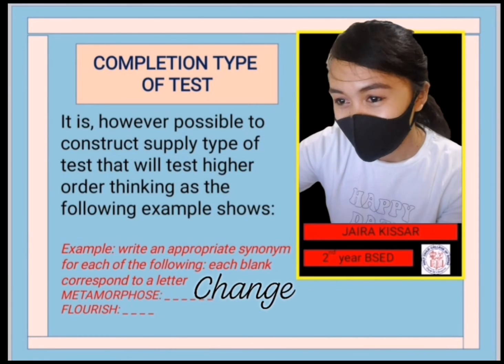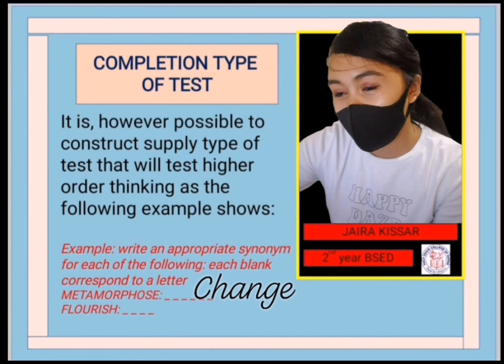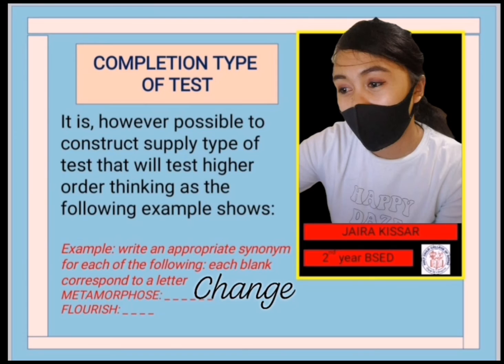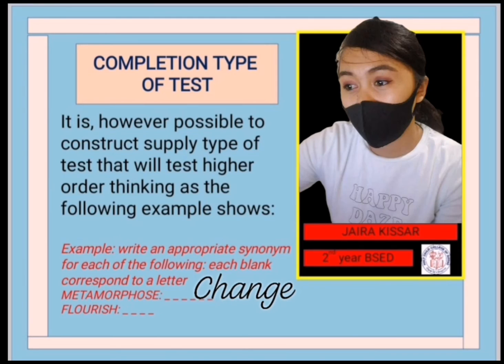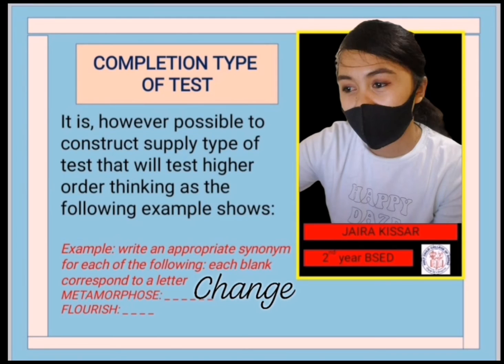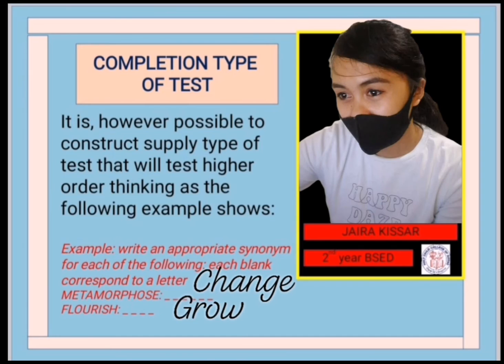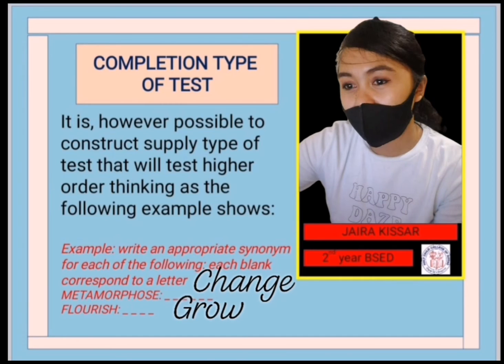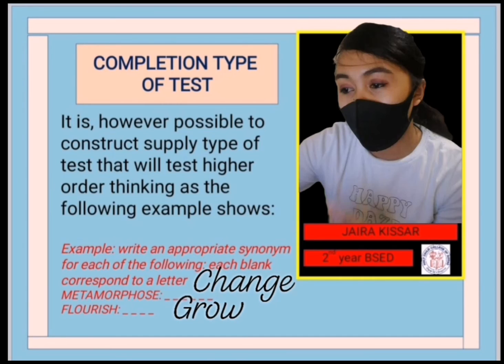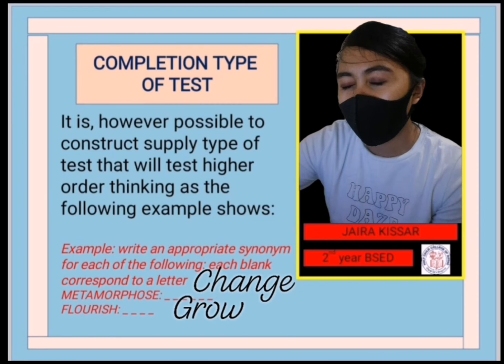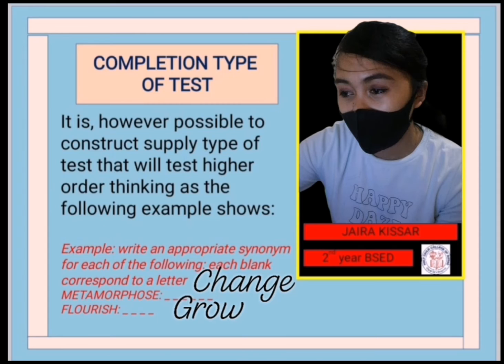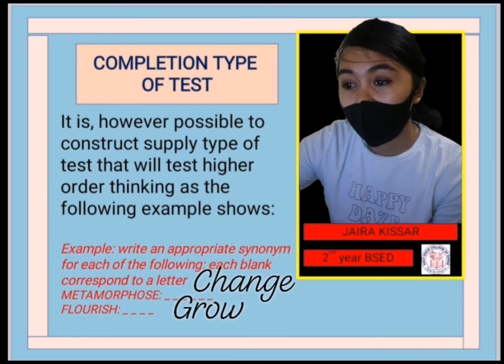And the second is flourish, with 4 blanks, so it means 4 letters. So it is grow. Have you noticed that these questions require not only recall of words but also understanding of these words?